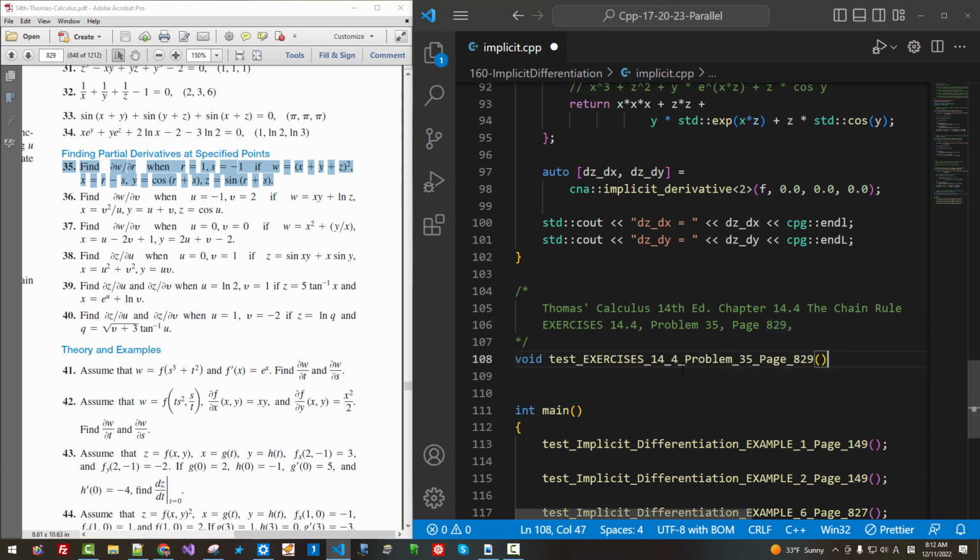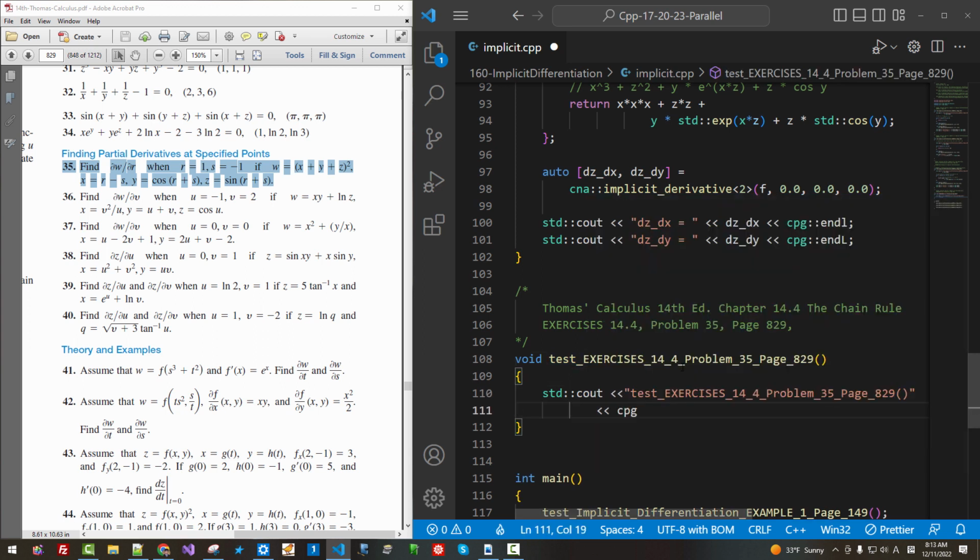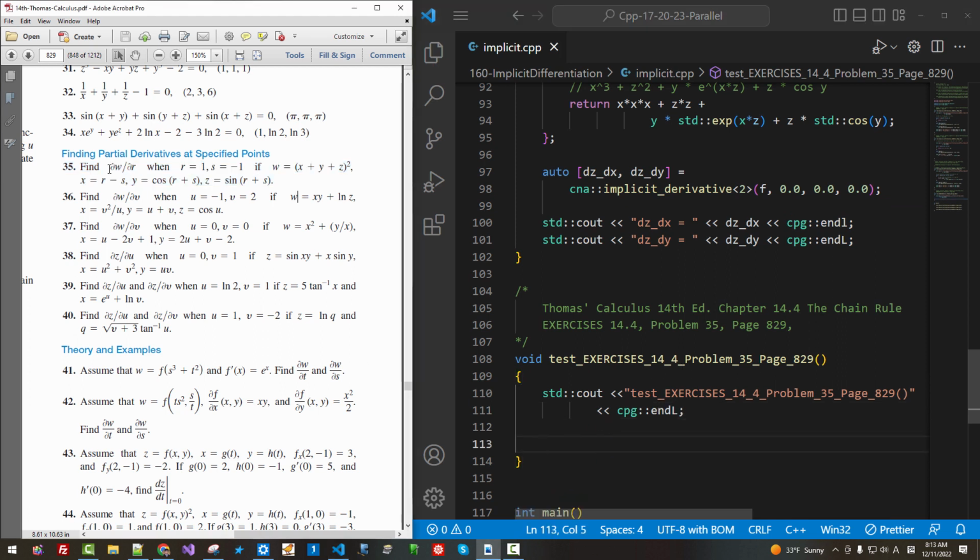This is the function name, std, cout, copy this function name, cpg, and L. Now we want to find dw over dr. W is defined like this.